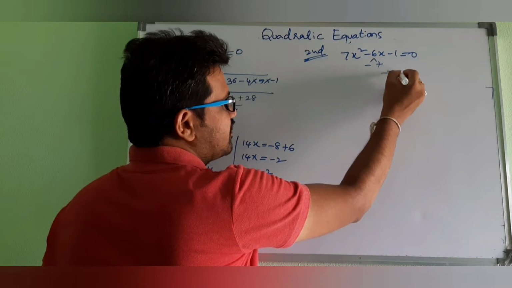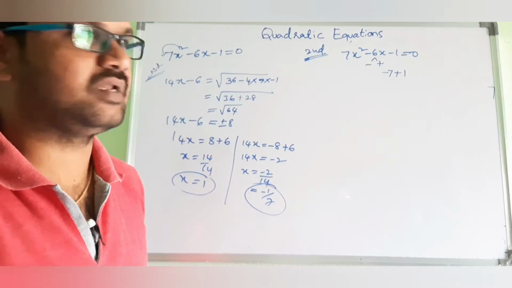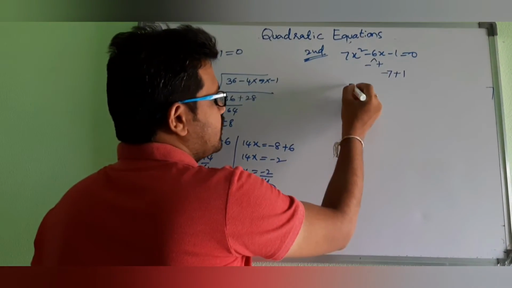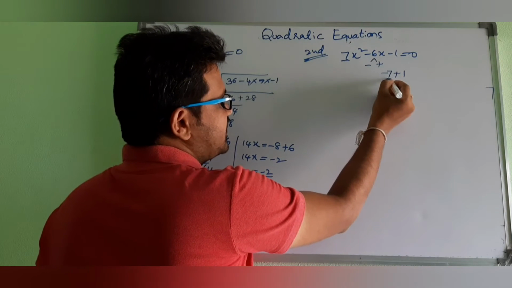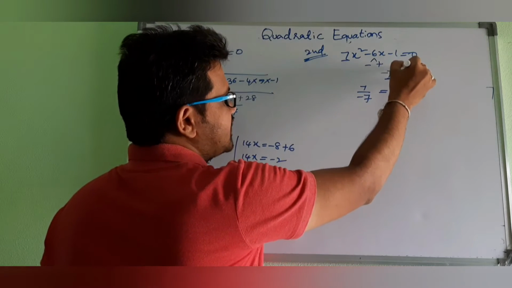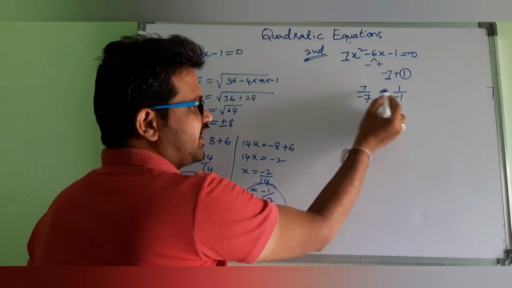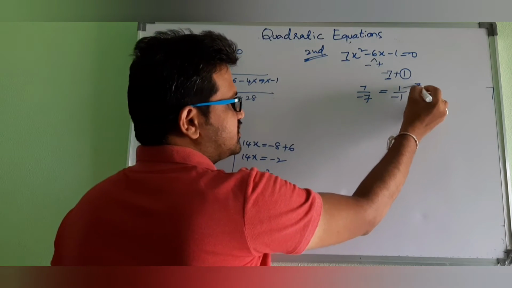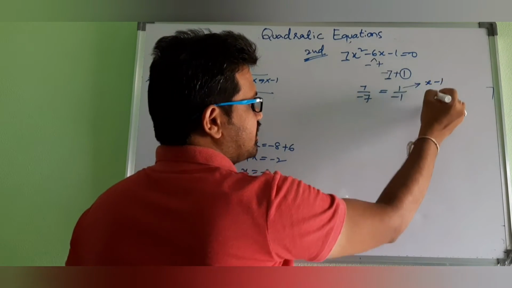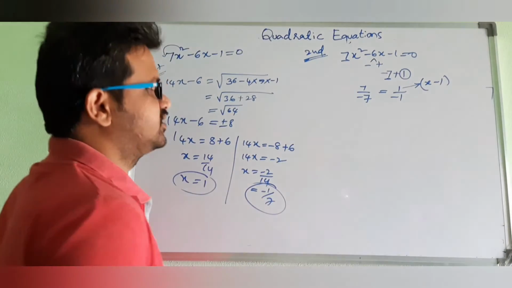Minus 7 plus 1, simple, right? So 7 divided by minus 7 must be equal to the second number, 1 divided by minus 1. The ratio is the same. What is the ratio? 1 by minus 1. So x minus 1 is the first factor.